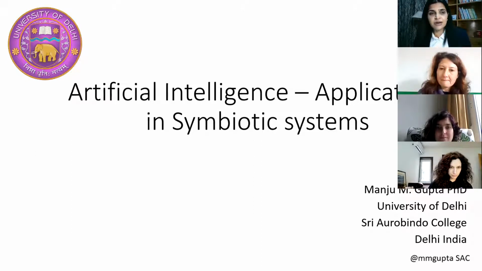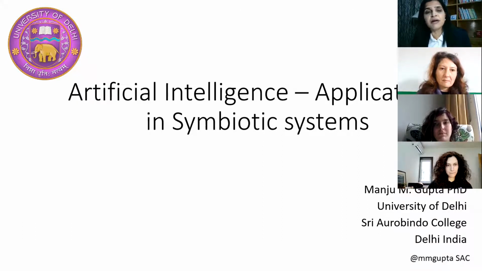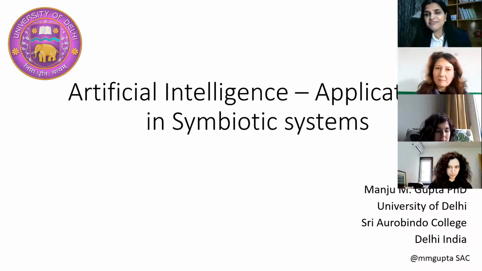So as I said just now, we'll be talking about artificial intelligence and especially its application in symbiotic systems. Though most of my training and experience is with one type of symbiosis, arbuscular mycorrhizal fungi, because my theme here is artificial intelligence, I have tried to stretch and find applications across symbiosis, which I work with a lot, being the vice president of the International Symbiosis Society.